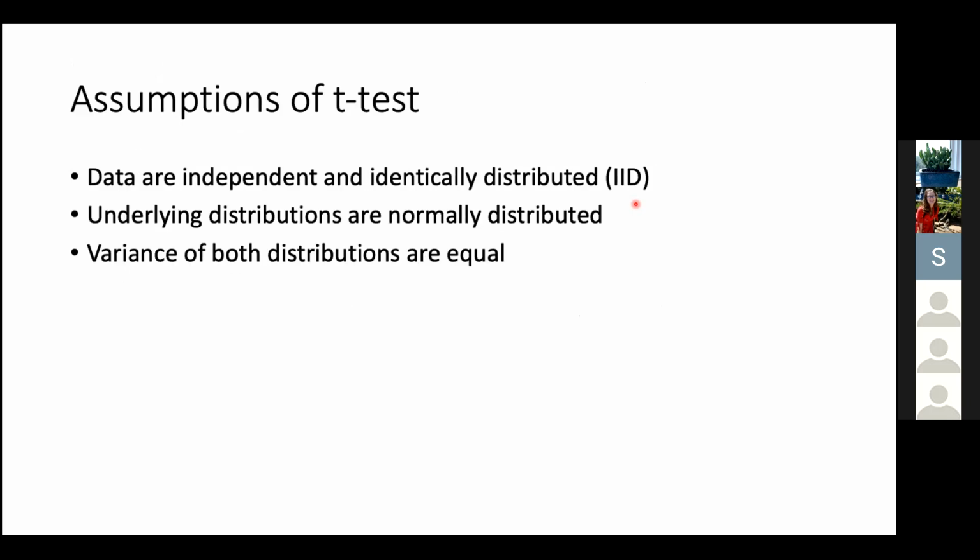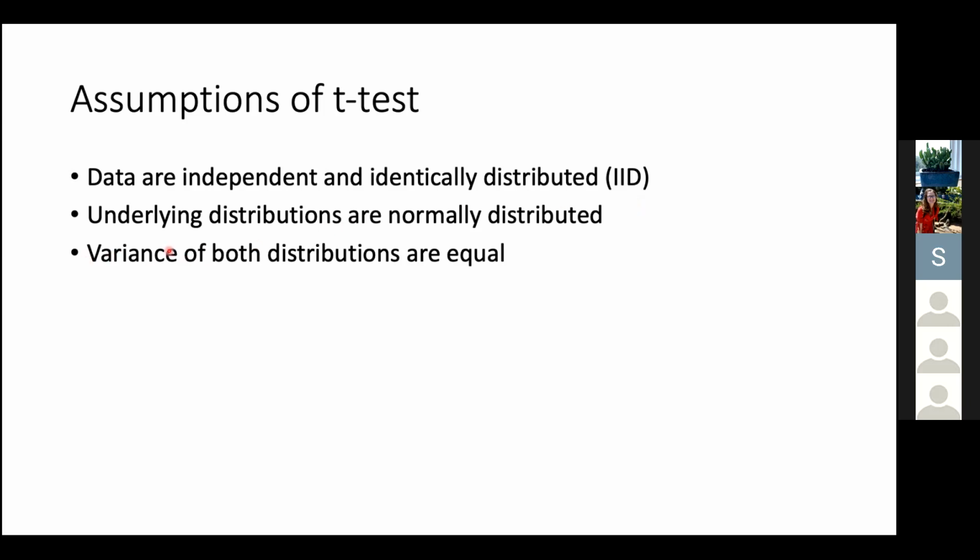Okay, let's talk about the t-test. Assumptions of the t-test: the data are IID, so they're independent and identically distributed. The underlying distributions are normally distributed, and the variance of both distributions is the same. It turns out that I actually wrote these in order of importance, from greatest to least.